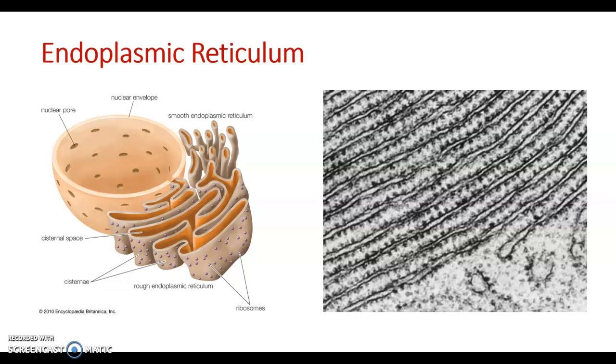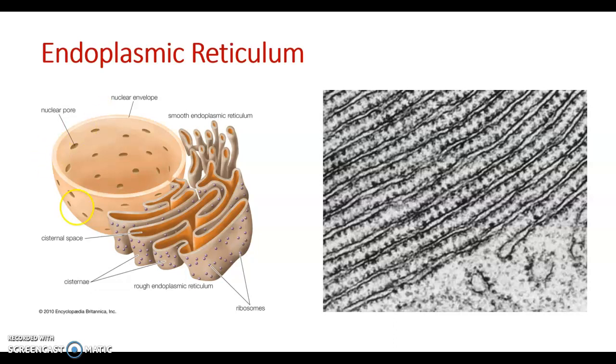And this is more efficient because they act like tunnels that worms have made in soil. It's easier for a worm to travel through a tunnel that it's already made than to create a new one. Likewise, it's more efficient for things leaving the nucleus, like RNA, to travel through the tunnels of the endoplasmic reticulum to those specific locations than to try to funnel its way through the cytoplasm.